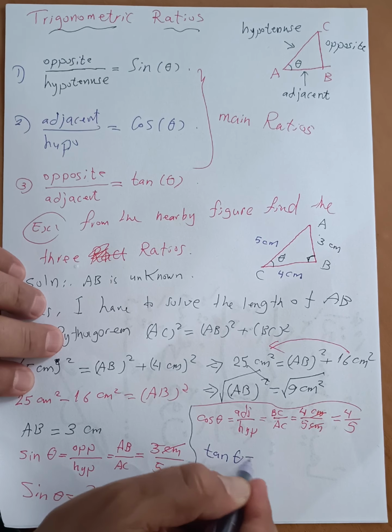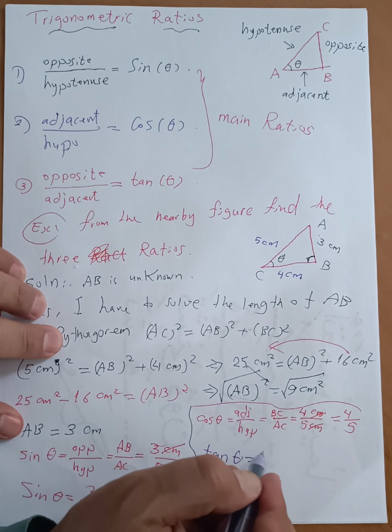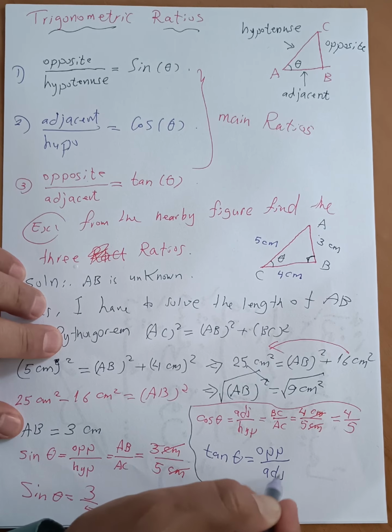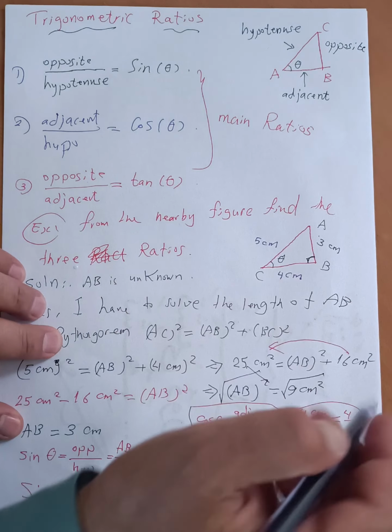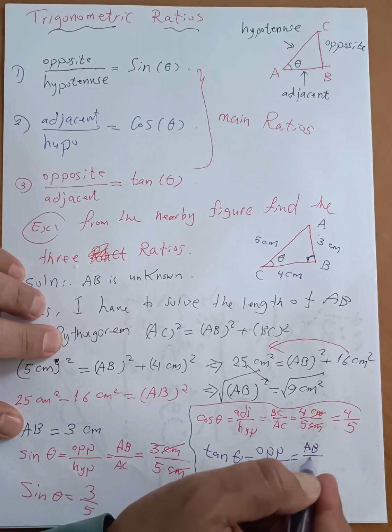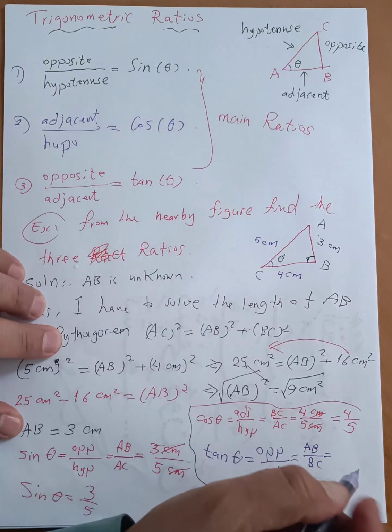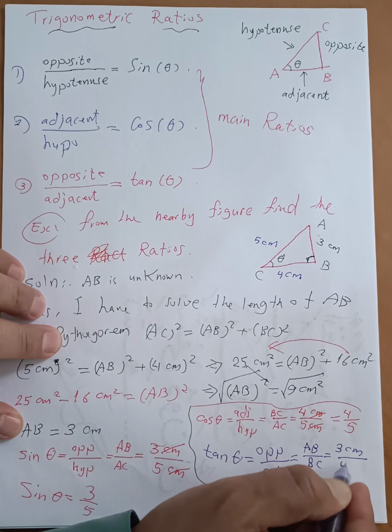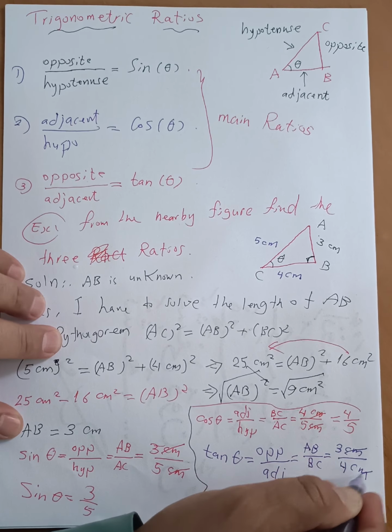Tan theta equals the opposite by the adjacent, which equals AB over BC, which equals 3 centimeters by 4 centimeters. Cancel them.